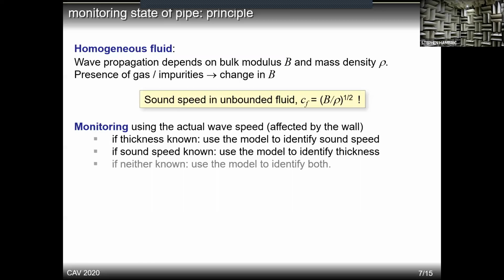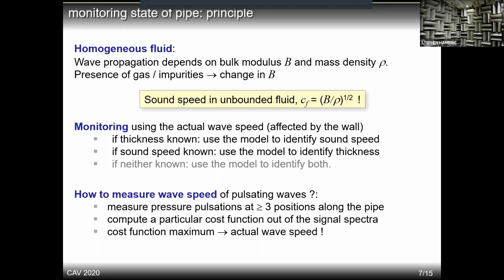If the sound speed is known, we can use the model to identify thickness out of the measured wave speed. If neither of the two is known, we can use the model to identify both, but for the time being, I am not in a position to reveal how this is done for this third case.